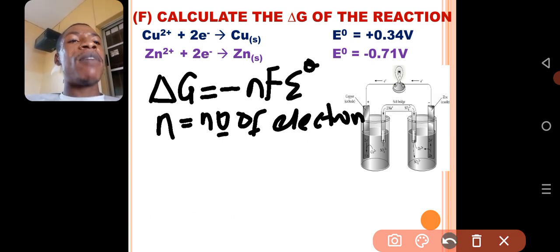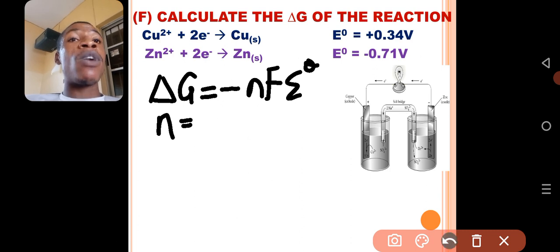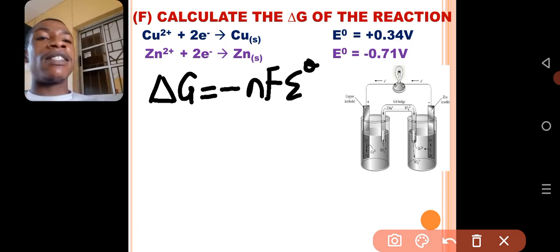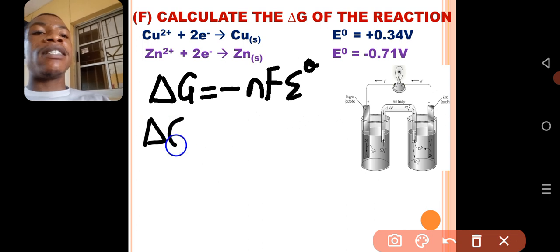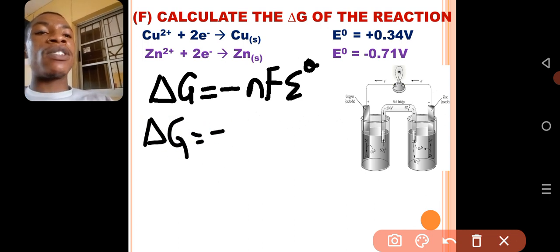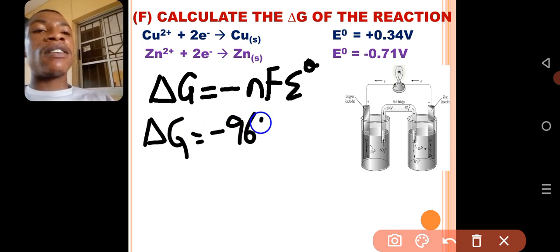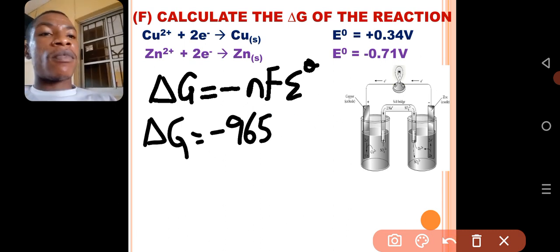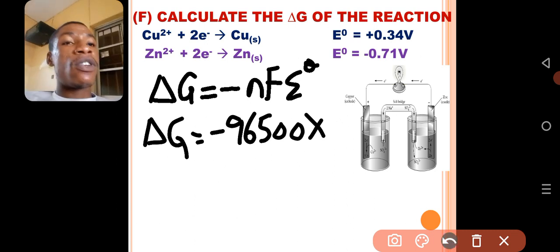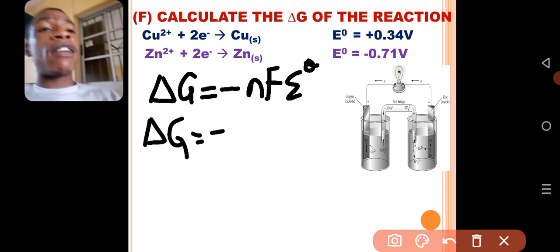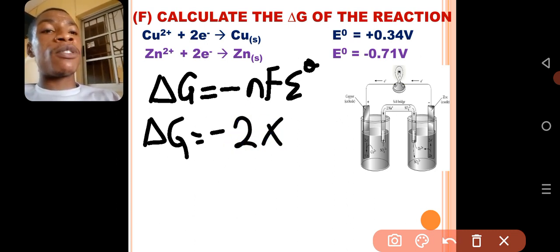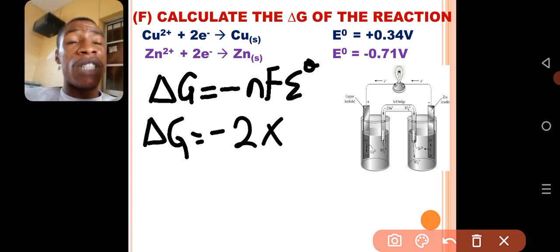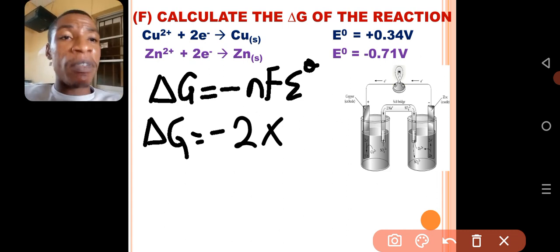So for this question now, what's the delta G value of this cell? Delta G is minus 2 times 96,500 coulomb. 2 is the number of electrons that was transferred, that's what our N represents.